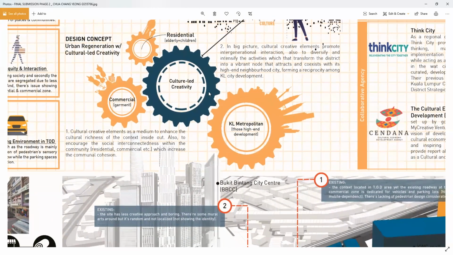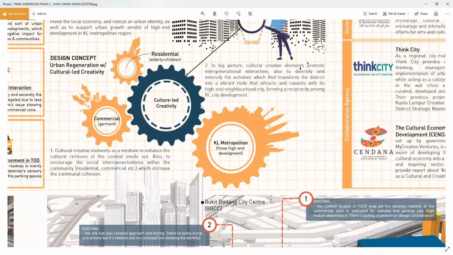So the design concept that I apply is cultural creative elements as a medium to enhance the cultural richness of the context inside out, and also to encourage social interconnectedness within the community, which increases communal cohesion.